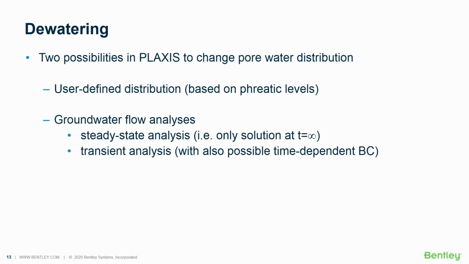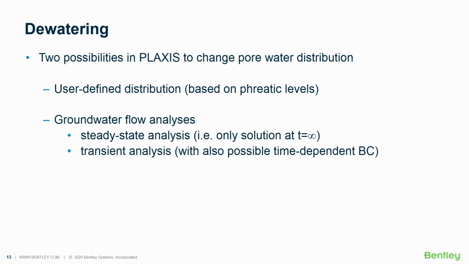The first one, which is the default one, is called the phreatic method. It's called phreatic because it's based on phreatic levels. It's in fact a user-defined distribution, which is based on piecewise, I would say, hydrostatic distribution of the pore water pressure based on user-defined phreatic levels.